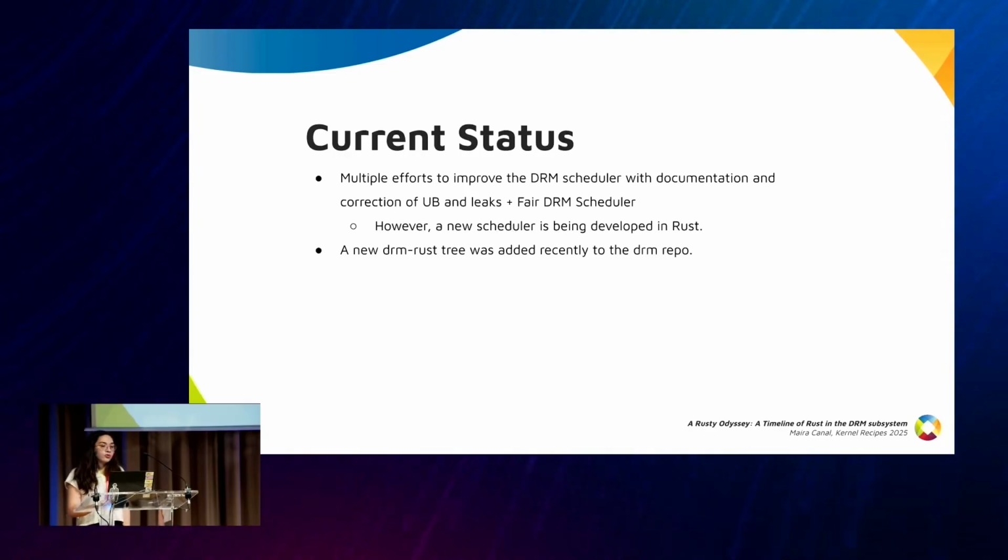However, all those improvements might not yet be enough to comply with all the rules, quote unquote, that Rust needs. So Rust developers are currently developing a brand new scheduler fully in Rust.